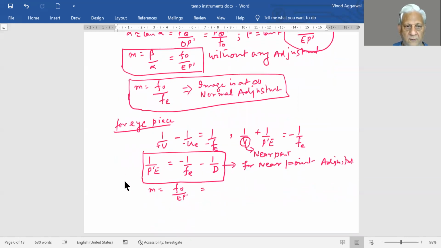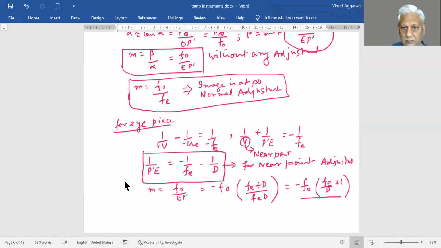This is equal to FO divided by, and since this was minus, this becomes minus, and we rewrite it as divided by D. This is for near point adjustment.